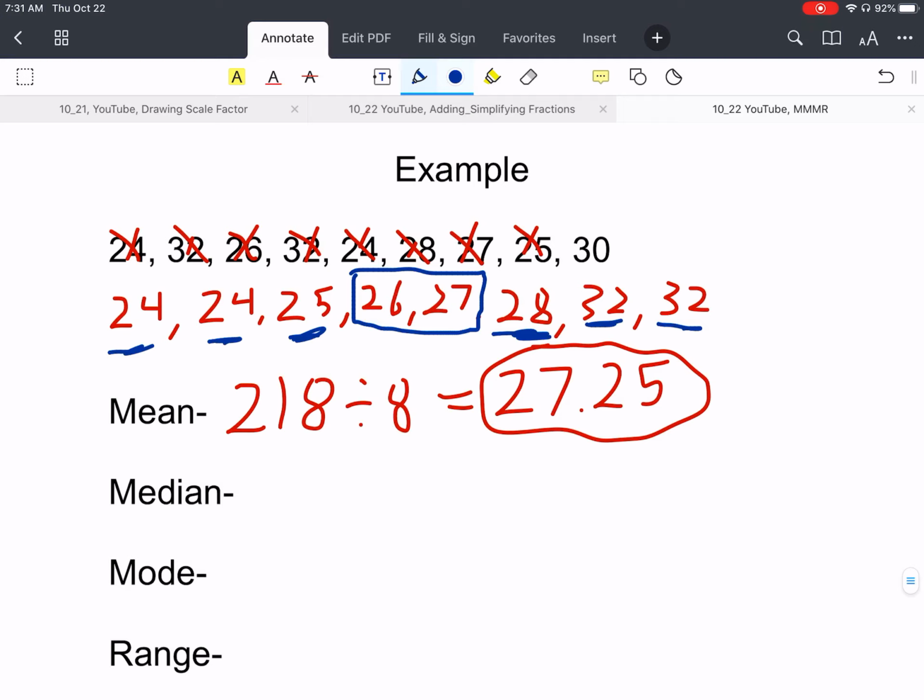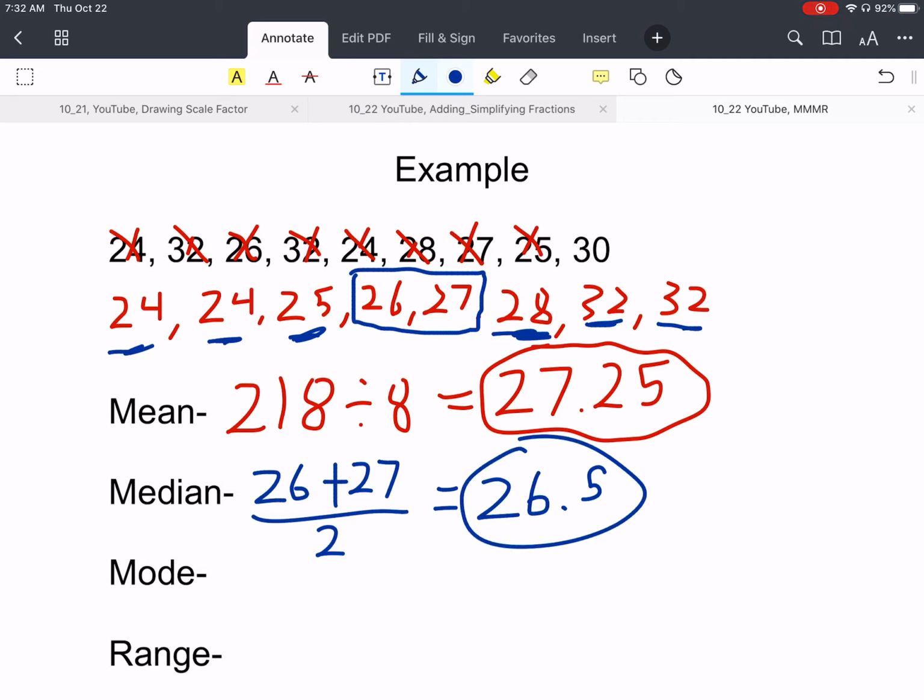So in order to find the median, we're going to need to add 26 plus 27 and divide by 2. So in this case, 26 plus 27 is 53. And if we divide that by 2, we're going to end up with 26.5. And that is our median.